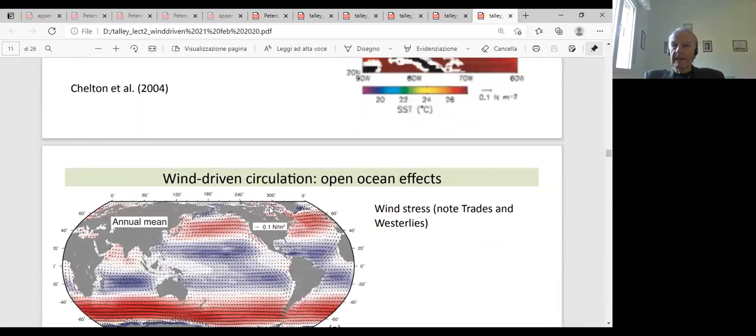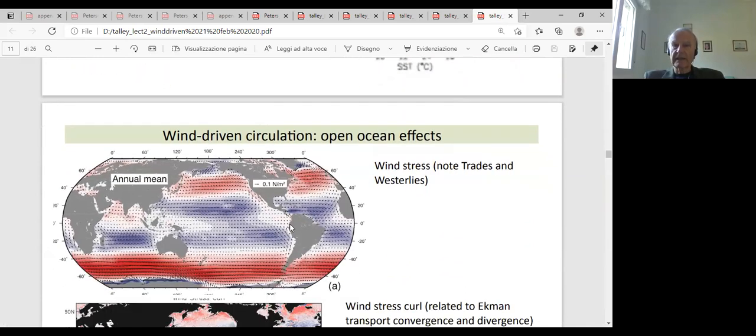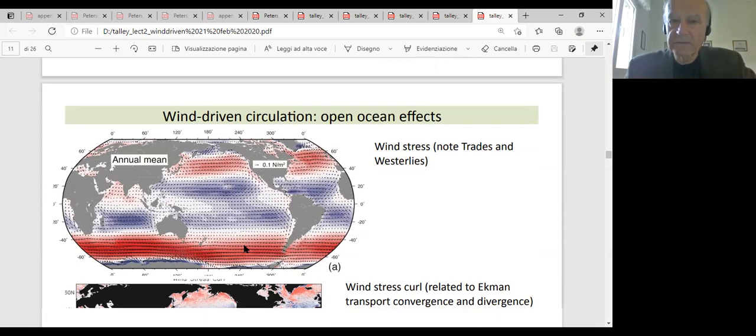Okay, here is simply the wind-driven circulation only associated with the open ocean effects, and this is the annual mean. This is the wind stress curl, but associated only with open ocean effects. You can see that there are no signs of the influence of the Gulf Stream.